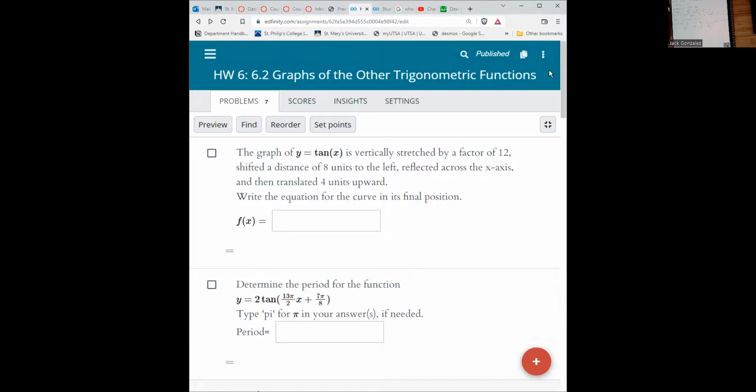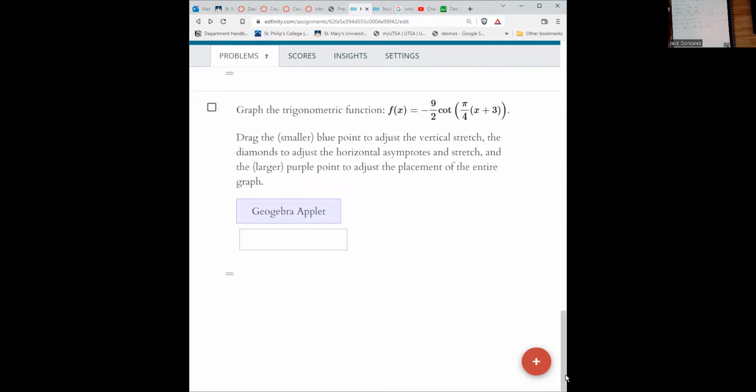I think 6.1 and 6.2 are pretty chill. I'm not going to force you to do any crazy graphs. The main idea for 6.1 and 6.2 is, do you know what sine, cosine, tangent, secant, etc., all six of them, look like? And do you have their properties handy that I just gave you? How do you find a period? How do you find an amplitude?